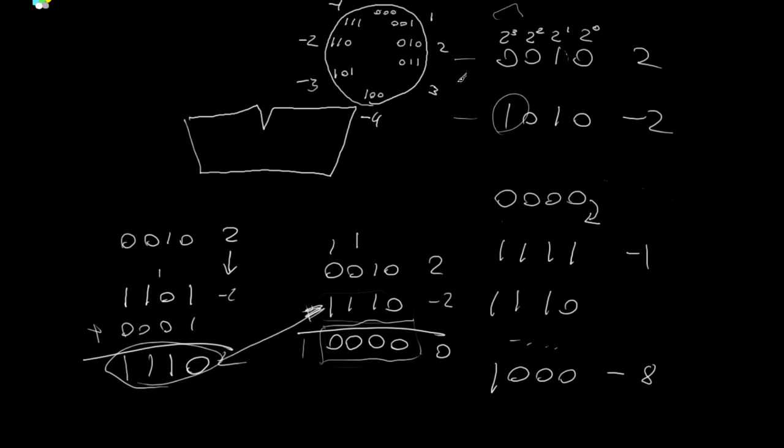If you set your negative numbers up this way, it means you can go continuously from 3 to -4 by decrementing by 1 every time. And that just makes the math a lot easier.